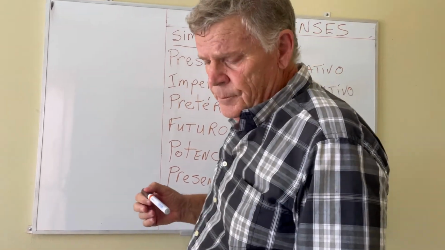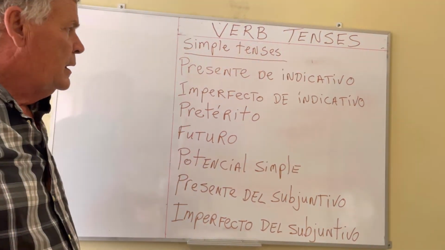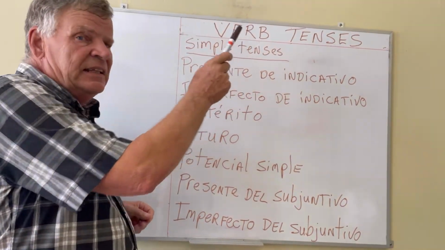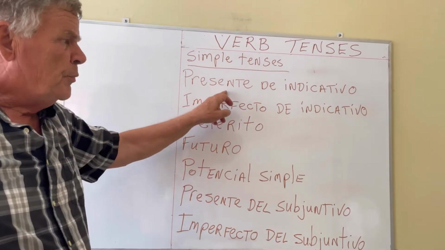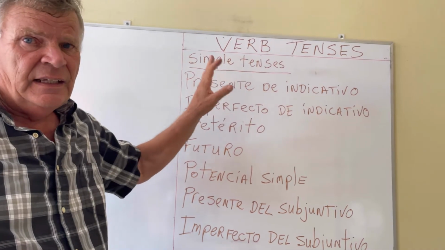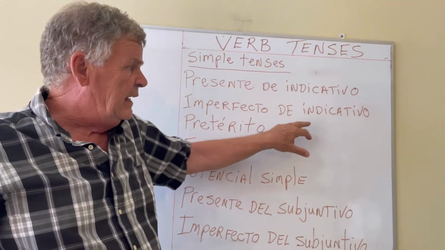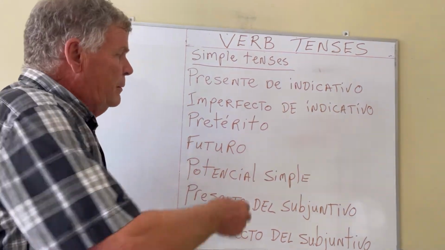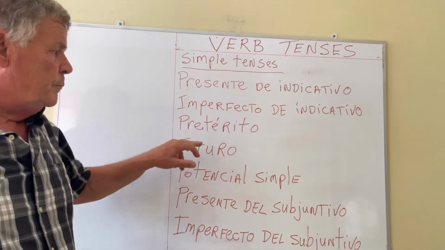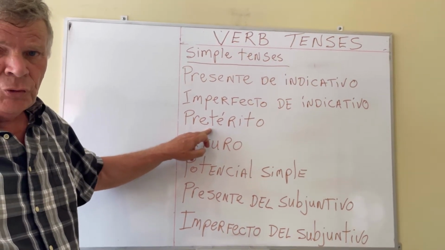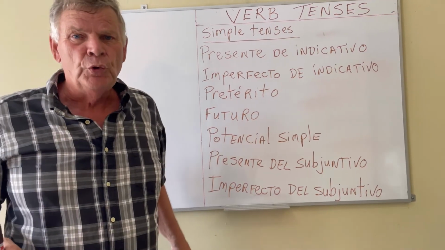So the 7 simple tenses are presente de indicativo, present indicative; imperfecto de indicativo, imperfect indicative; pretérito, preterite; futuro, guess what futuro is?